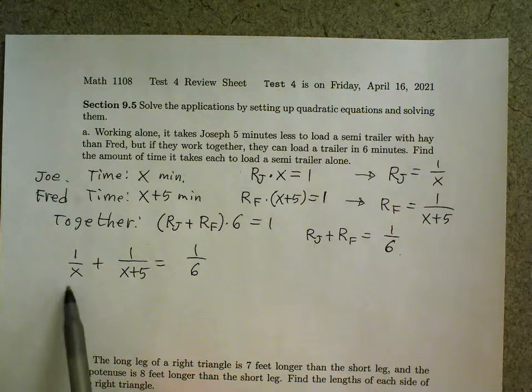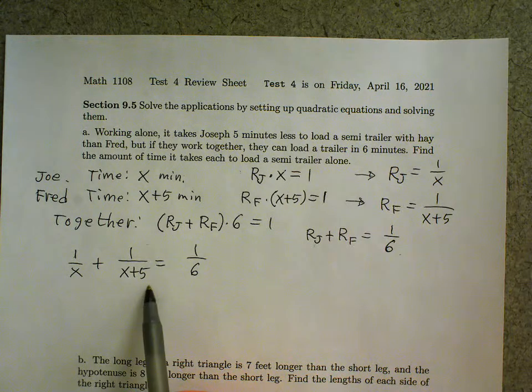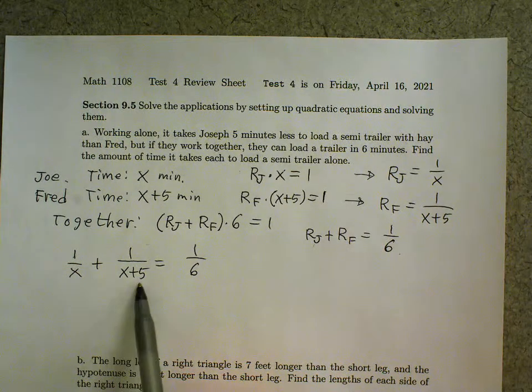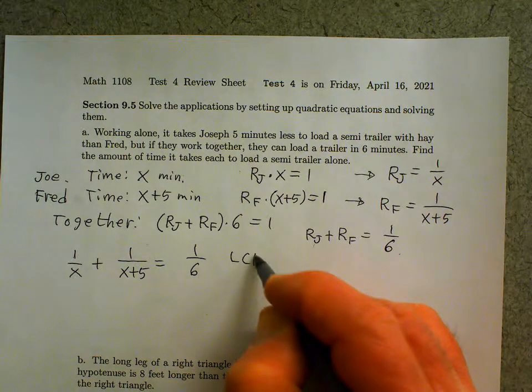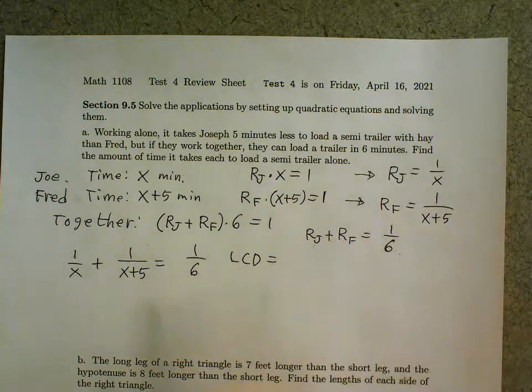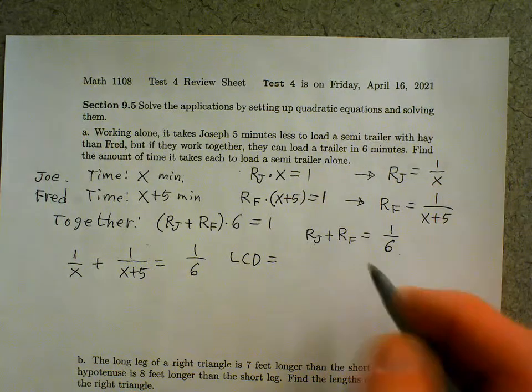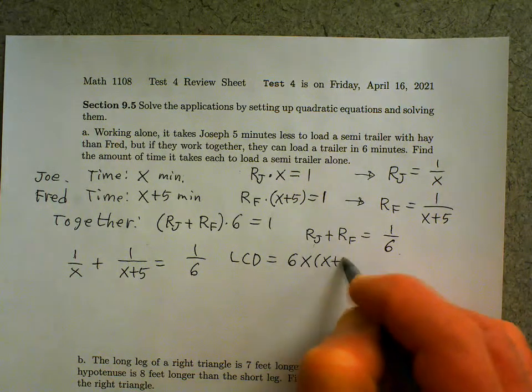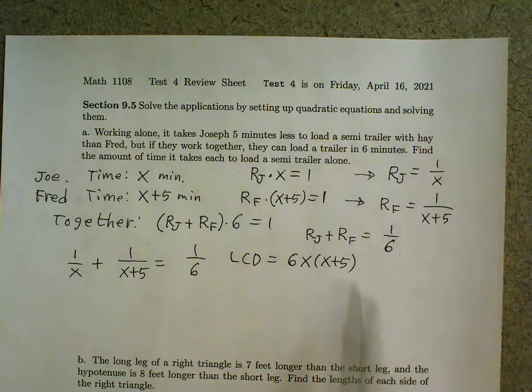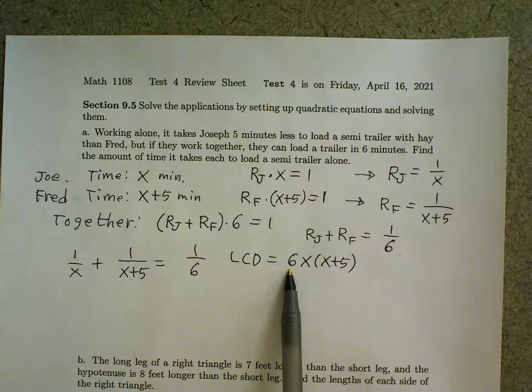We have an equation with rational expressions. The only variable is x. So the common technique is to find the least common denominator, which is 6 times x times x plus 5. And then multiply every term on both sides by the least common denominator.